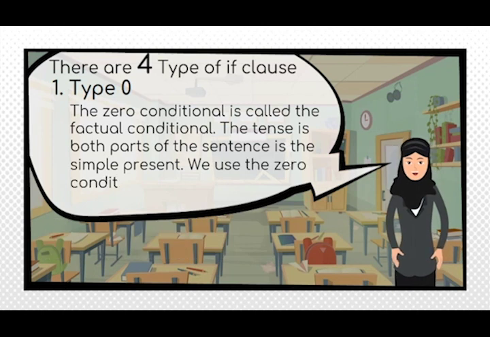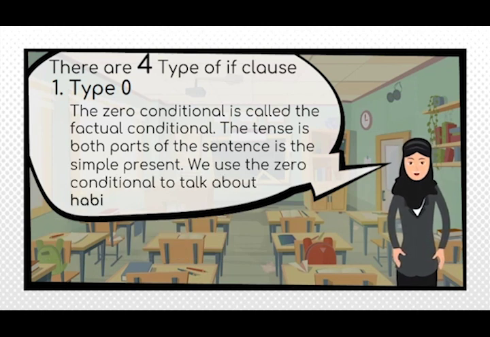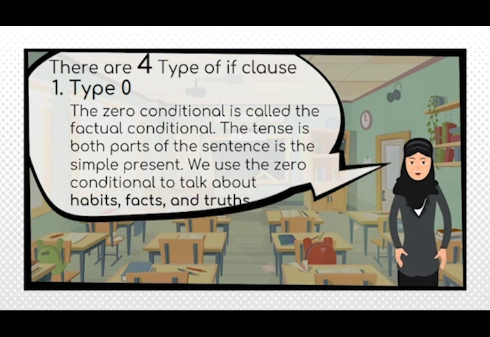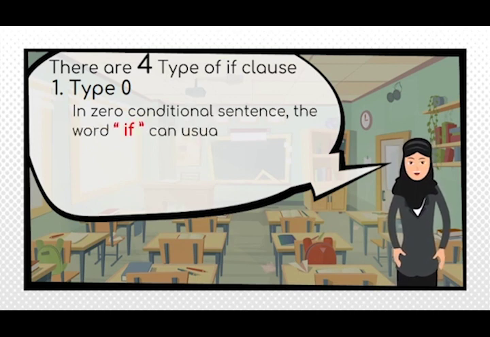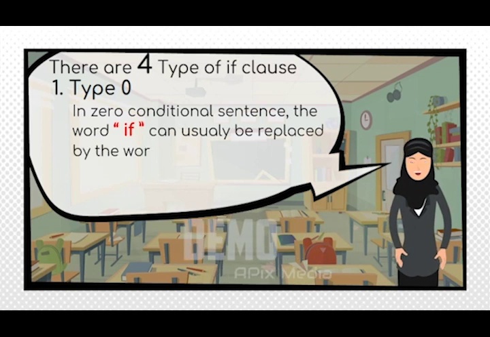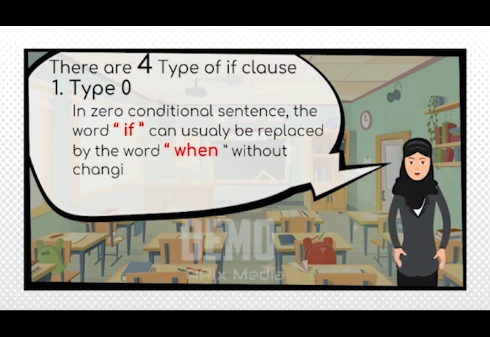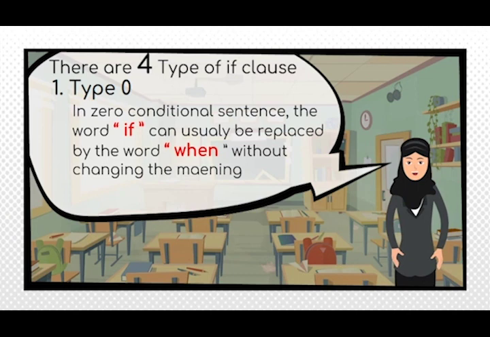We use the zero conditional to talk about habits, facts, and truths. In a zero conditional sentence, the word if can usually be replaced by the word when without changing the meaning.